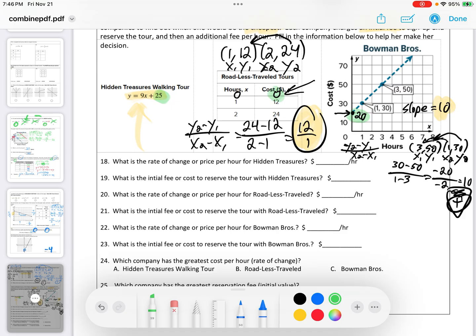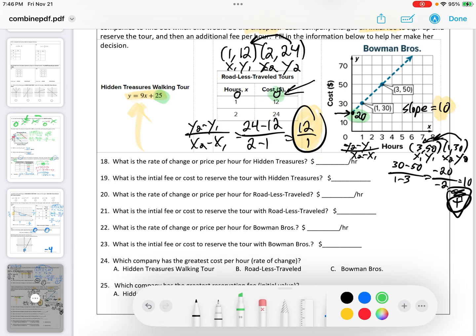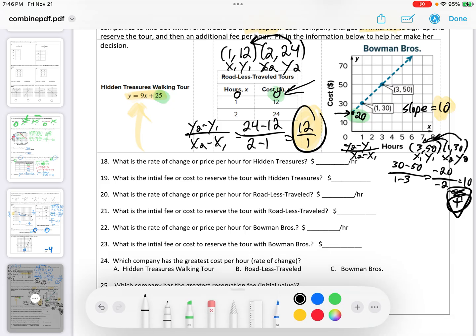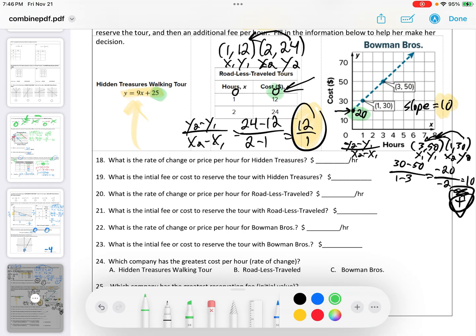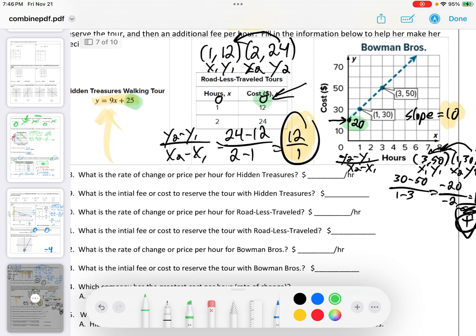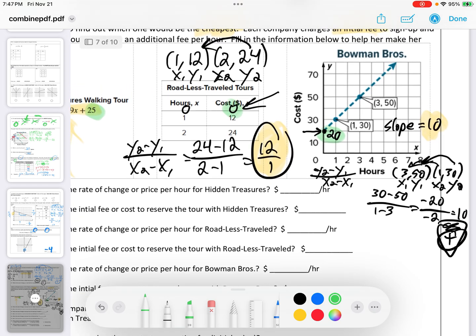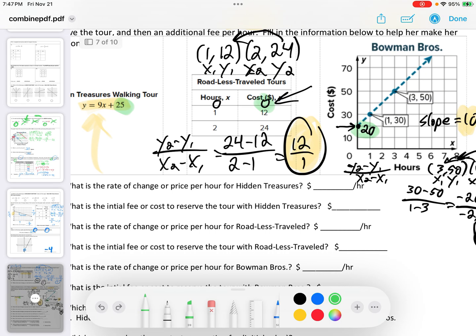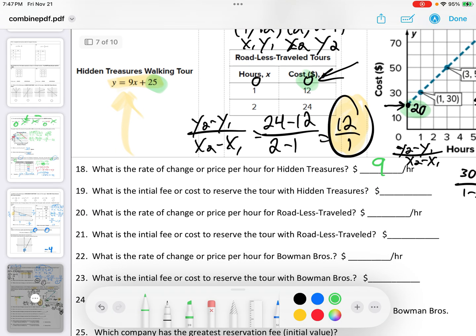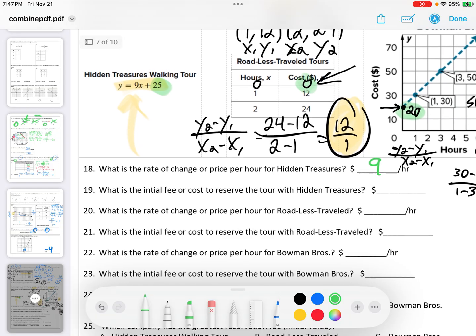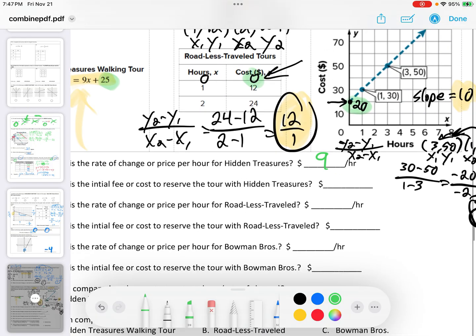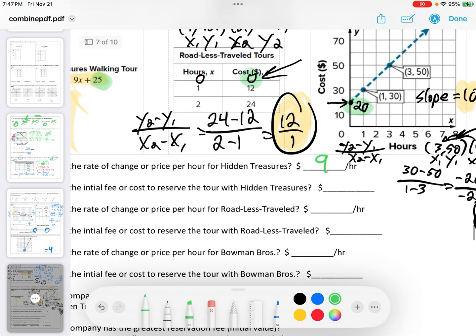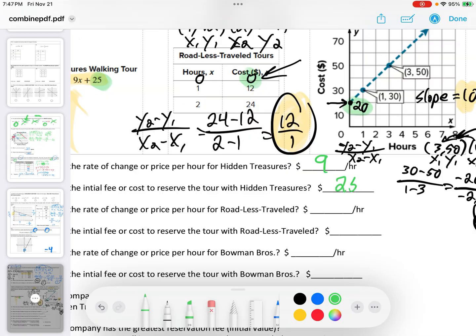They're going to ask us to compare stuff, I think. I haven't read this question yet, but that's what I would expect. What is the rate of change for Hidden Treasures? Well, that's the first one. 9. What is the initial fee or cost to reserve the tour? 25.